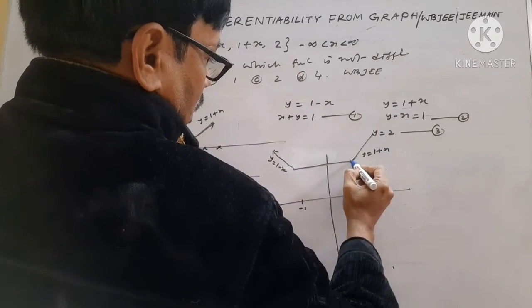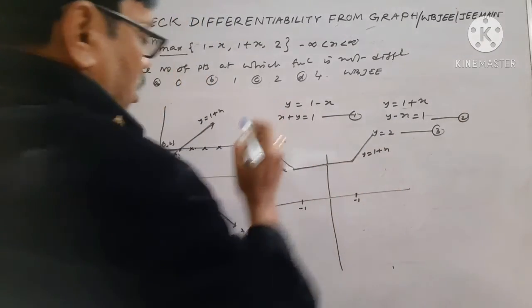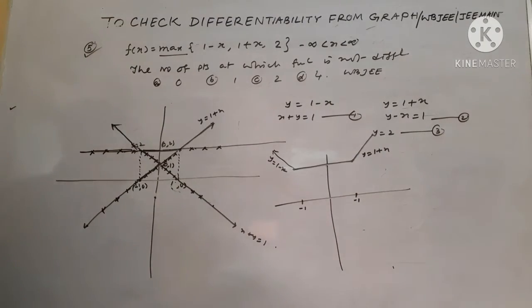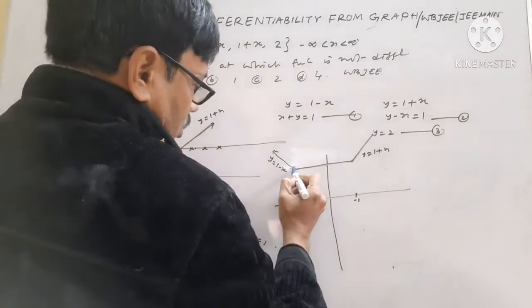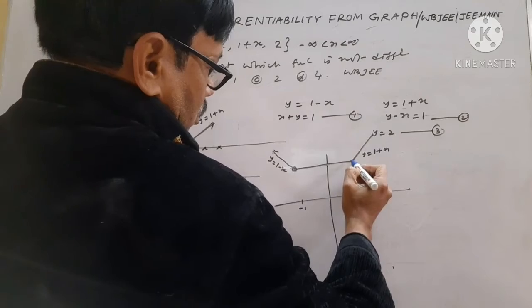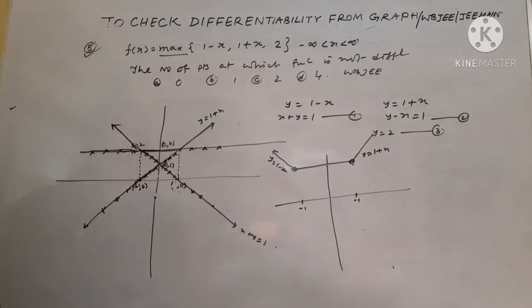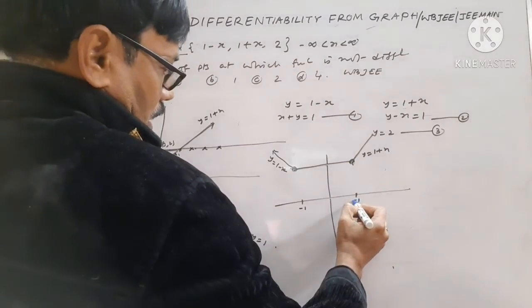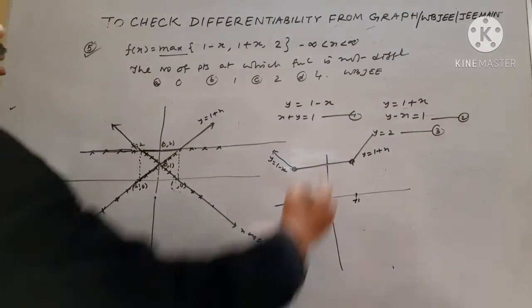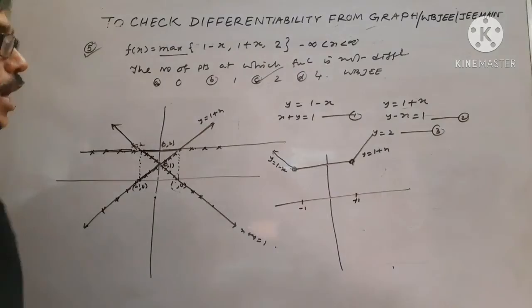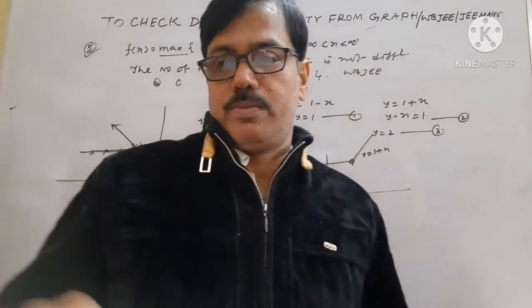So finally we are getting this type of curve. So from figure it is obvious that it is not differentiable at x equals to minus 1 and at x equals to plus 1. So which is not differentiable at x equals to 2.